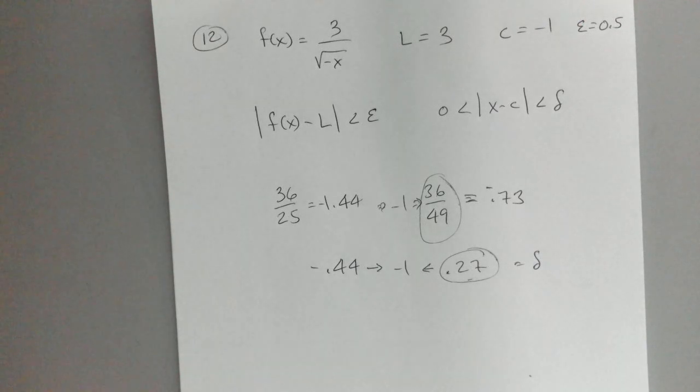So we're given the function f of x and the values of c, epsilon, and the limit L as x approaches c. Determine the largest value for delta greater than 0 such that our epsilon delta proof exists.